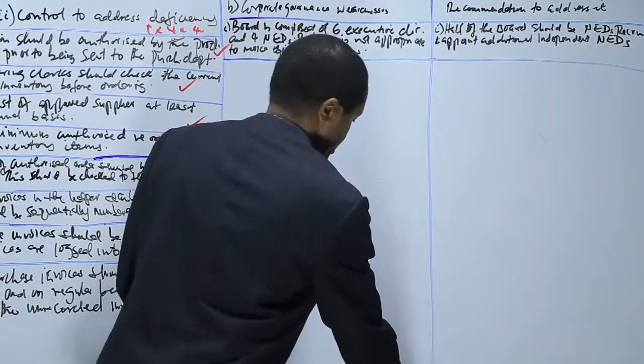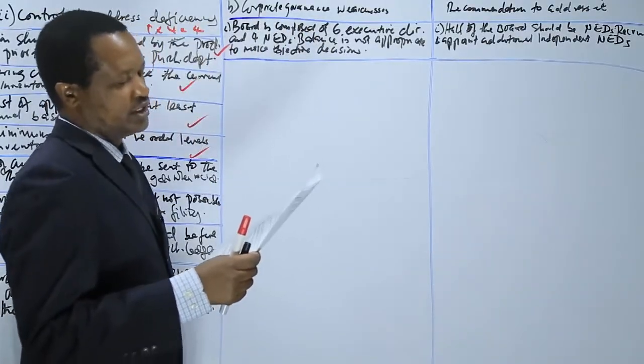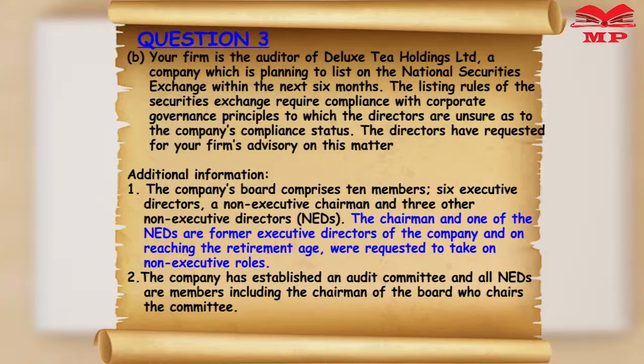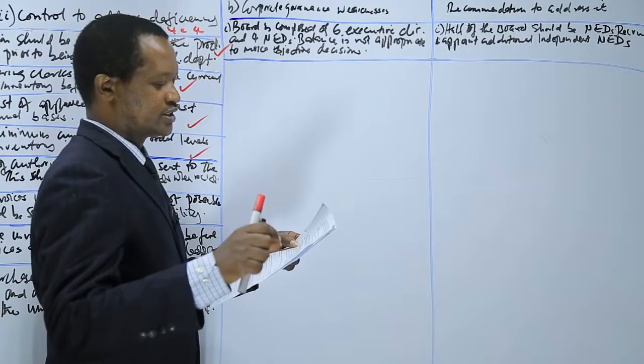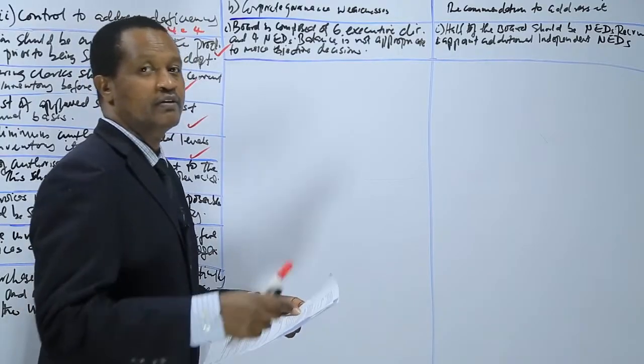Let's move on to identify any other weakness by reading through. We read the second sentence, note number 1. The chairman and one of the non-executive directors are former executive directors of the company, and on reaching the retirement age were requested to take on non-executive roles.